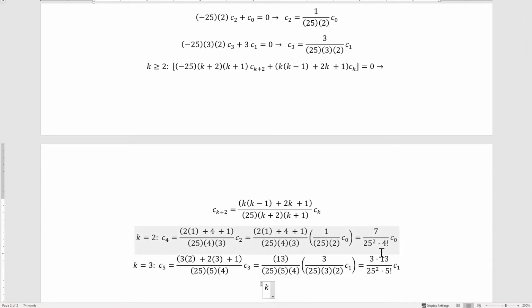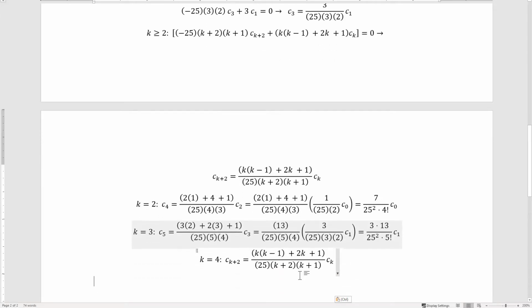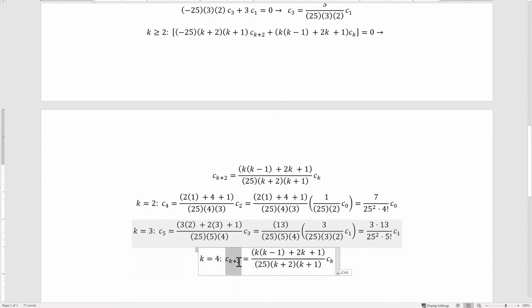So our next one will be when k is equal to 4. And this is our relationship. I'll go ahead and copy and paste and change my k values to 4. So 4 plus 2 is 6. We have 4. 4 minus 1 is 3. 2 times 4. And then we have 6 and 5.